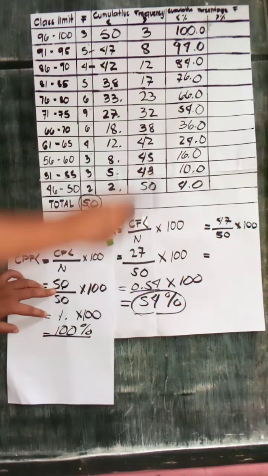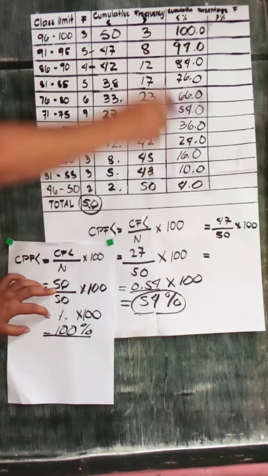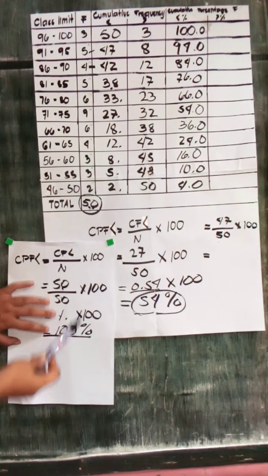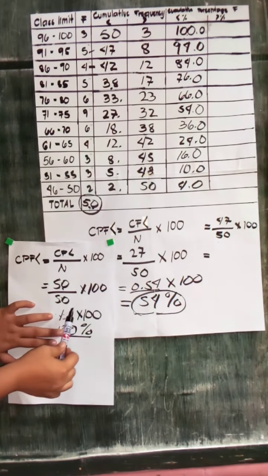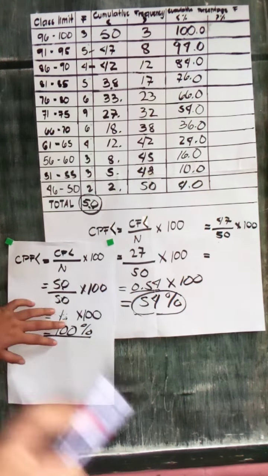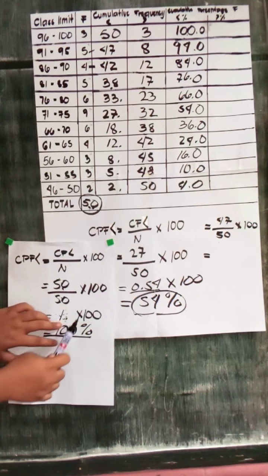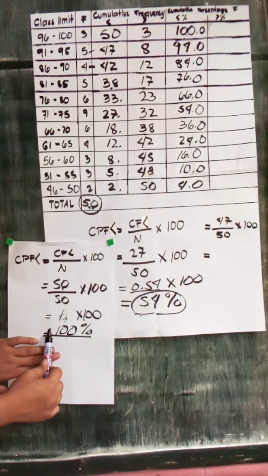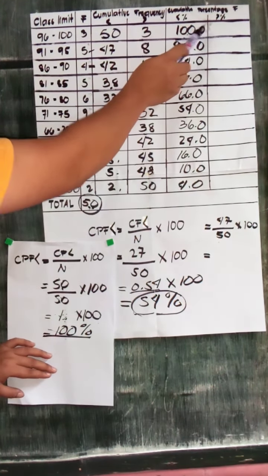To find the overall answer of the cumulative percentage frequency lesser than, we go 50 divided by 50 is equal to 1, and 1 times 100 is equal to 100%. So, we will write 100% here.